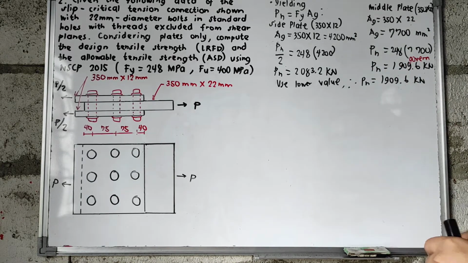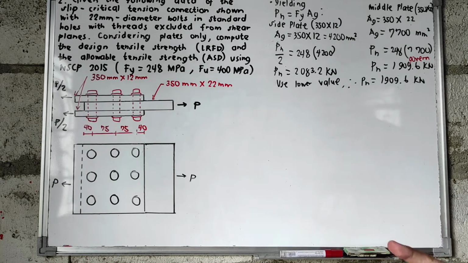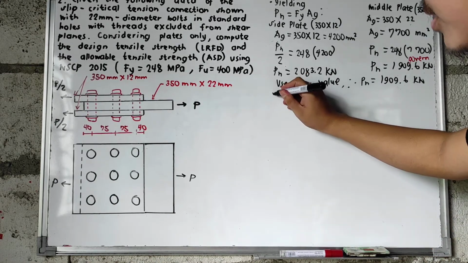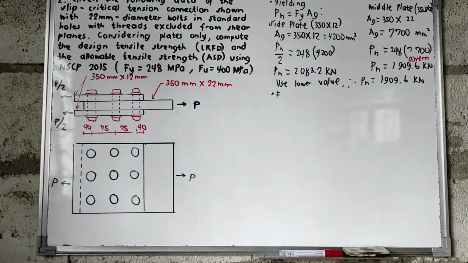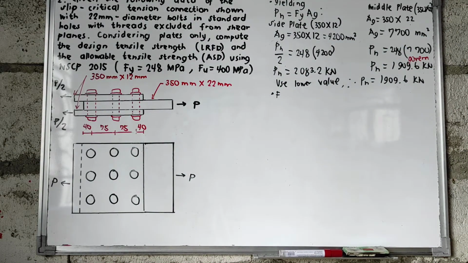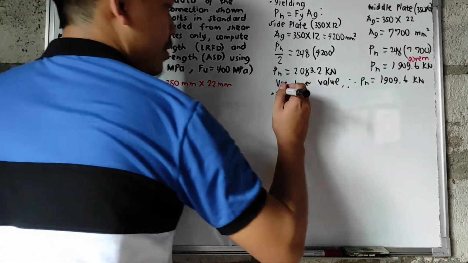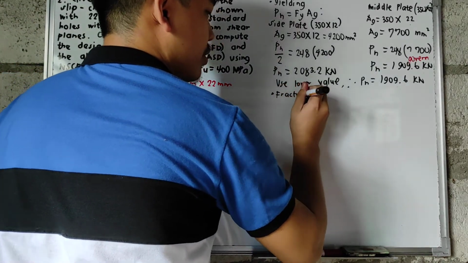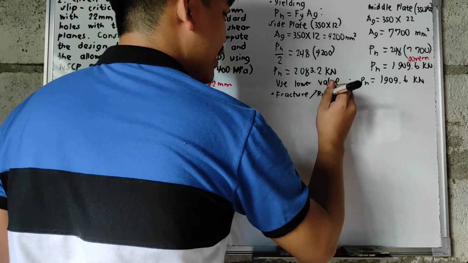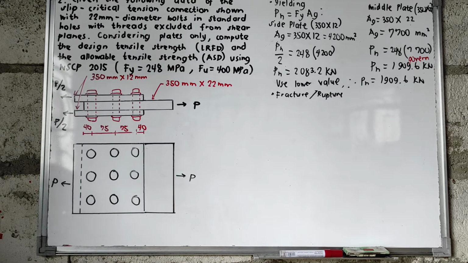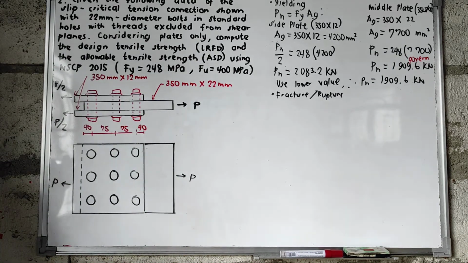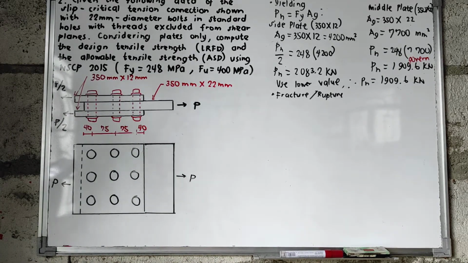So after considering yielding, we are going to consider rupture, or tinatawag din natin na fracture of the net section. So for this one, siyempre we will also consider yung side plate at saka middle plate natin.